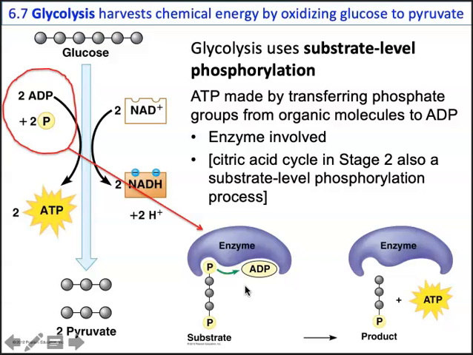And this substrate-level phosphorylation is also seen in stage 2 in the citric acid cycle, but it's different from what we see in stage 3, oxidative phosphorylation, which depends on a different process, which we'll talk about when we get to that point. But for now, understand that glycolysis uses substrate level phosphorylation, where we're taking an organic substrate that has phosphate groups attached to it, and we're transferring one of those phosphate groups to ADP to make it ATP.